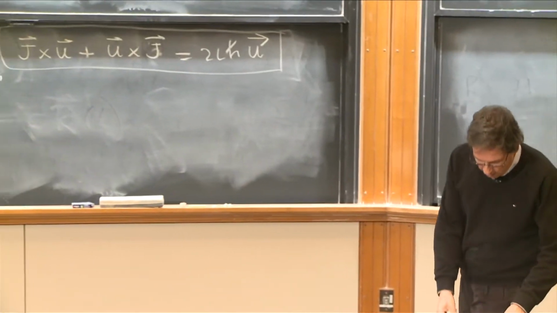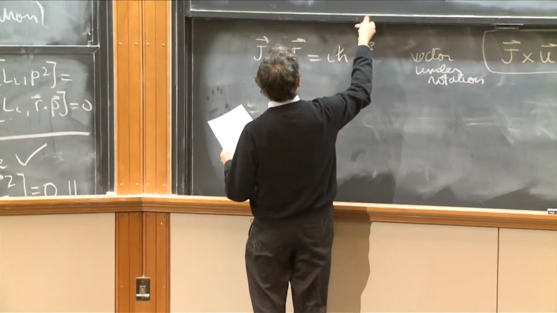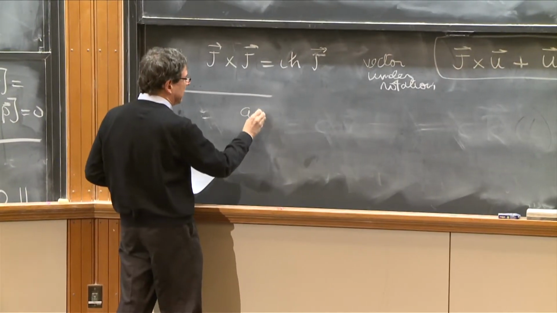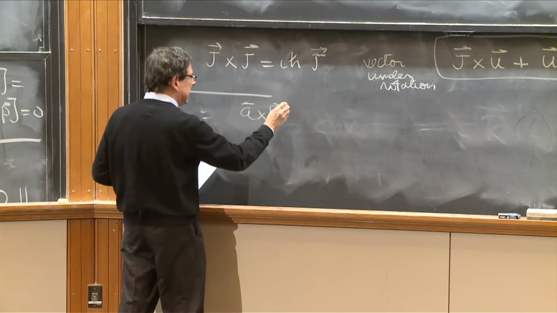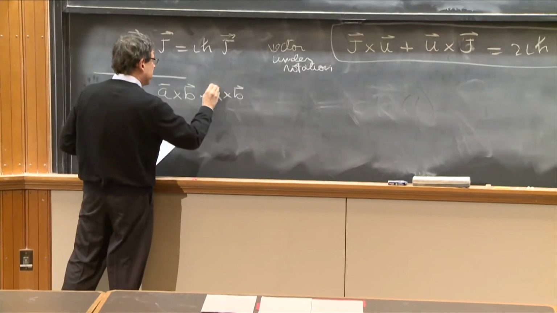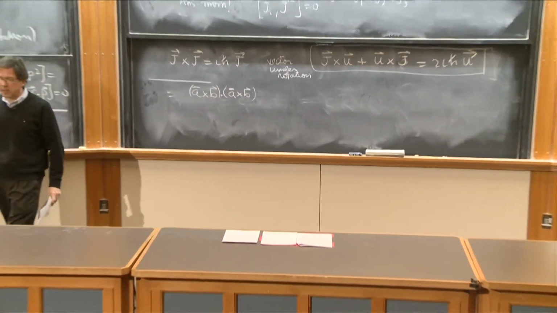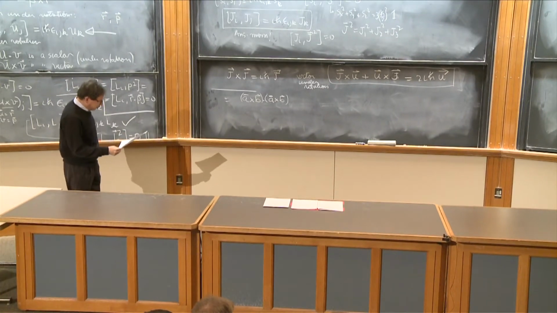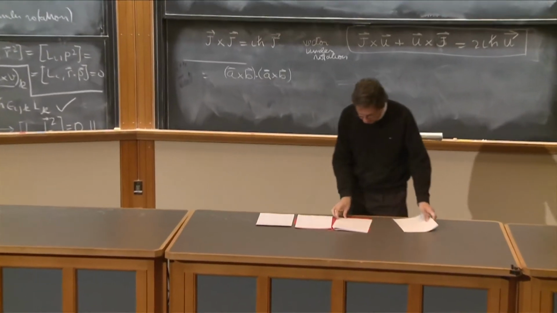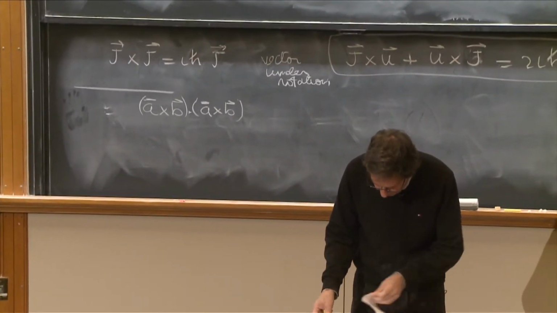So we move on to another identity that you've been working on, based on the calculation of what is A cross B dot A cross B. If these things are operators, there are corrections to the classical formula for the answer of what this product is supposed to be.